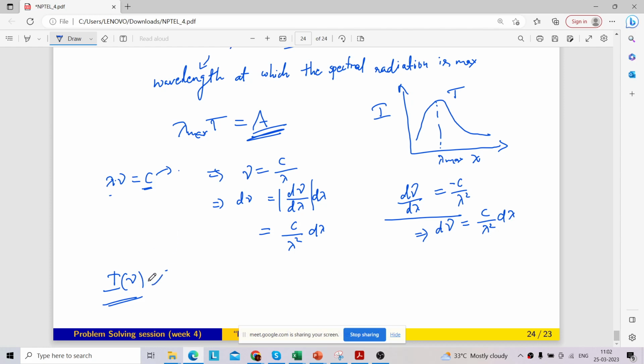We already know the intensity in terms of frequency.